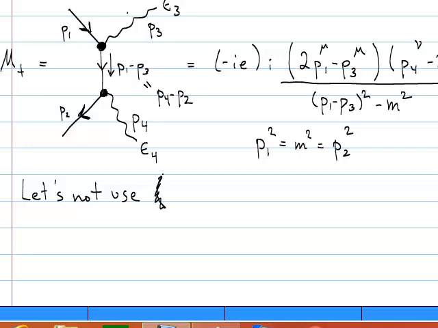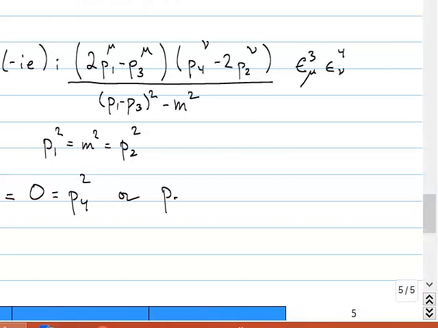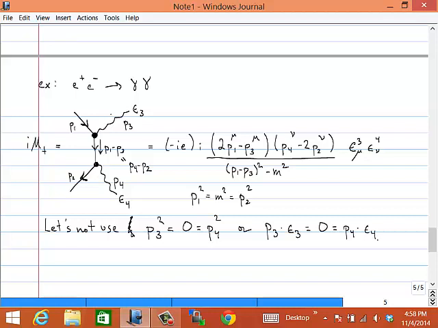So what I'm not going to use is the fact that, say, P3 squared or P4 squared is equal to 0. Nor am I going to use the fact that P3 dotted with epsilon 3 or P4 dotted with epsilon 4 is equal to 0.